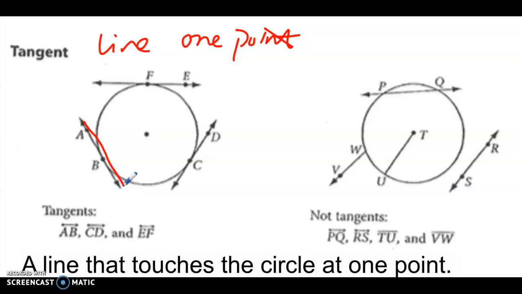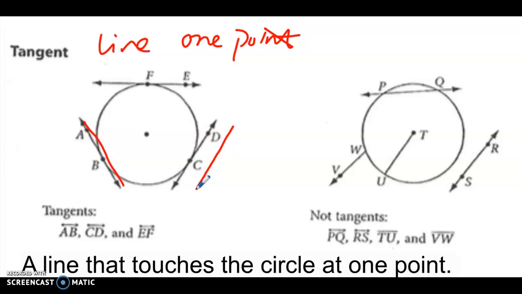So let's see here, line AB. There's a line, and B is the point on the circle. The line DC, here is the line, and C is on the circle. Line EF, F is on the circle, so they are all tangents.